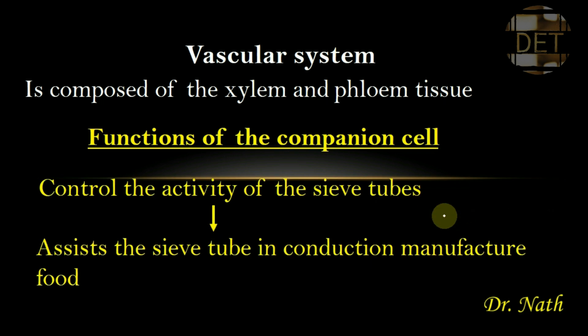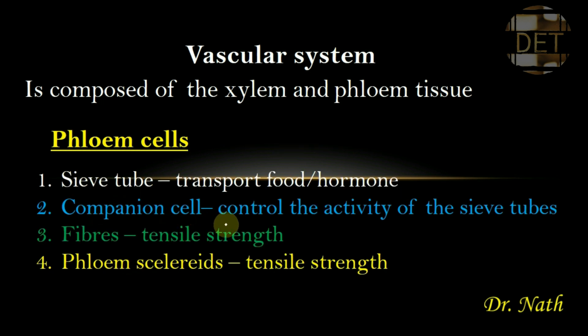When we say it controls the activity of the sieve tube, it simply means that it assists the sieve tube in the conduction of manufactured food and hormone. It acts as a companion.